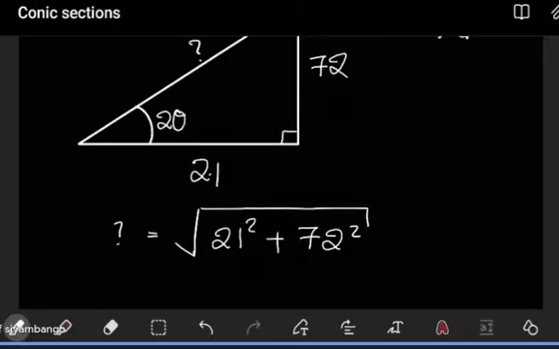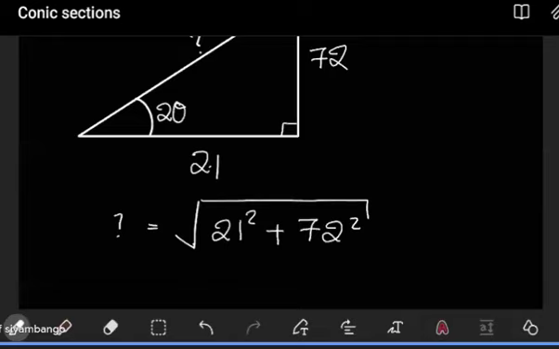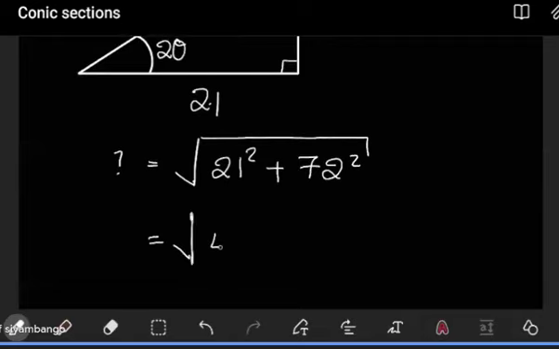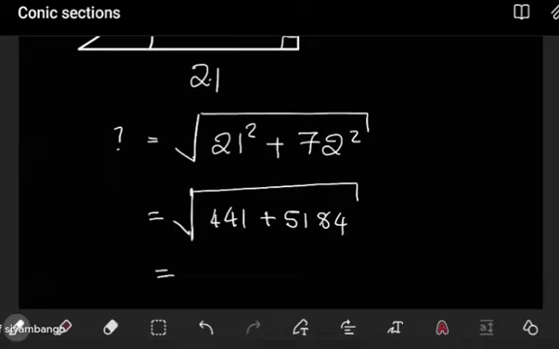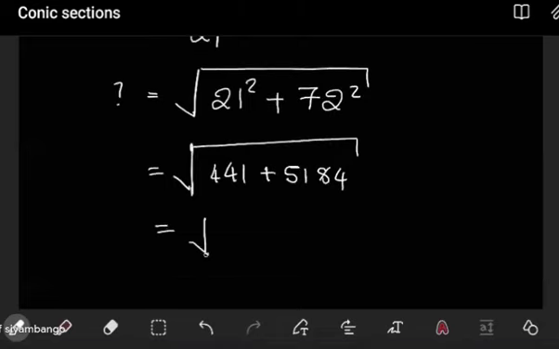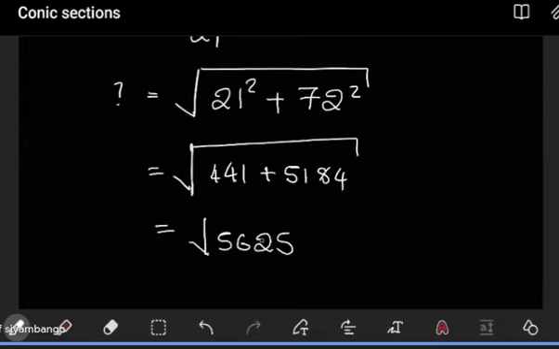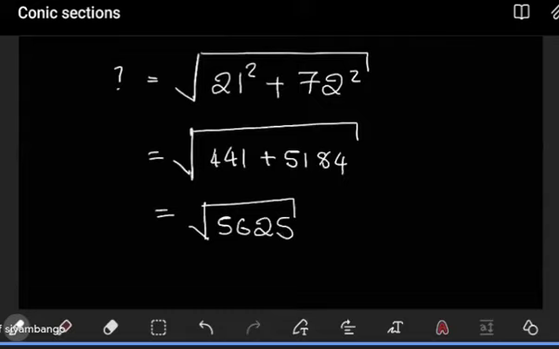What is 21 squared? We have the root of 441 plus 5184. Then we can add this, and we get 5625. Now, can we get the root of this? Is it possible?